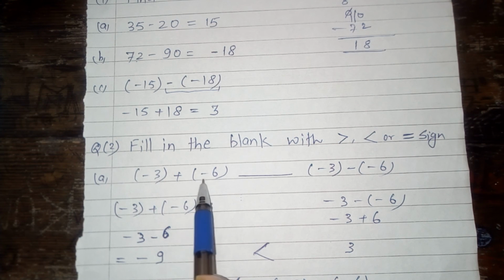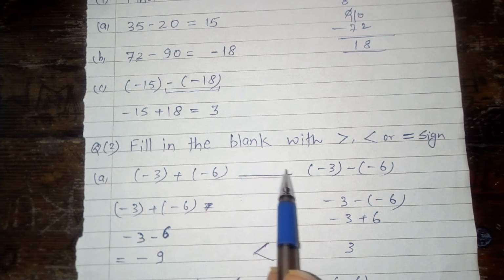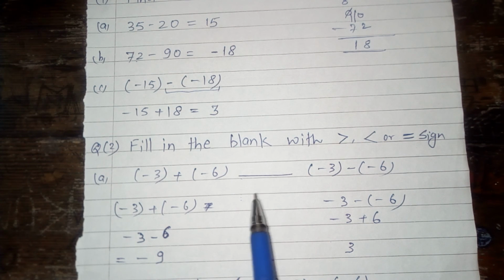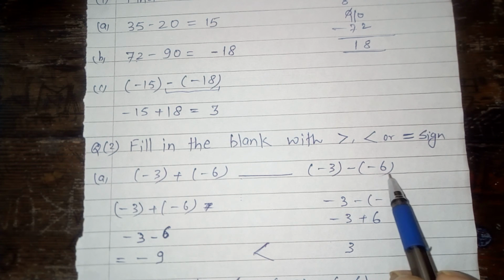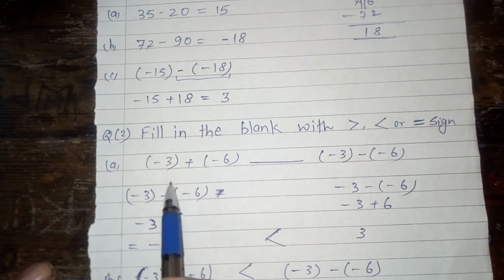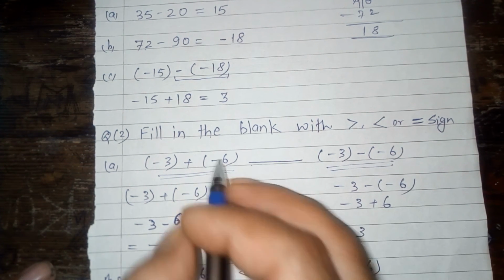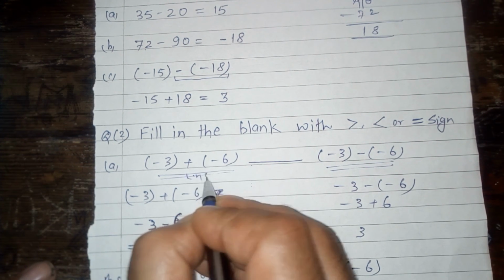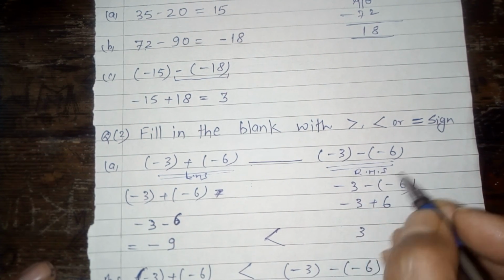Minus 3 plus in bracket minus 6, in this blank we will put the appropriate symbol after calculation. Minus 3 minus in bracket minus 6. This is the LHS and this is the RHS.